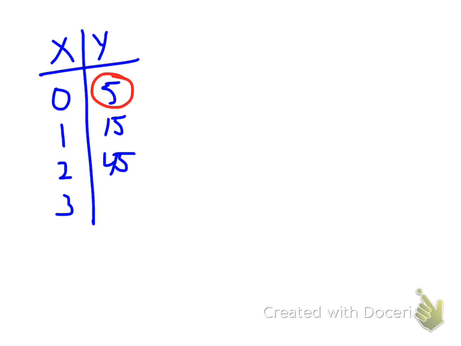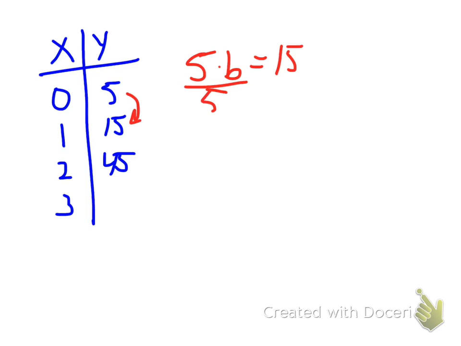So this table is the same thing as if I would just write the numbers in order like this. So I have 5 times my b value equals 15. And I solve for that b value now by dividing by 5, and b equals 3.